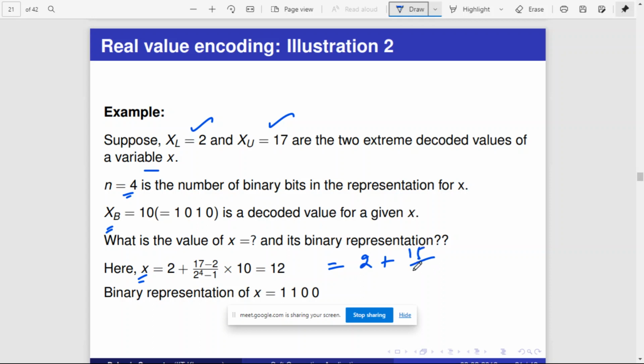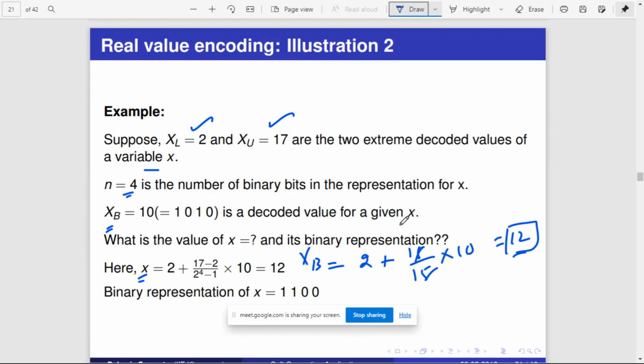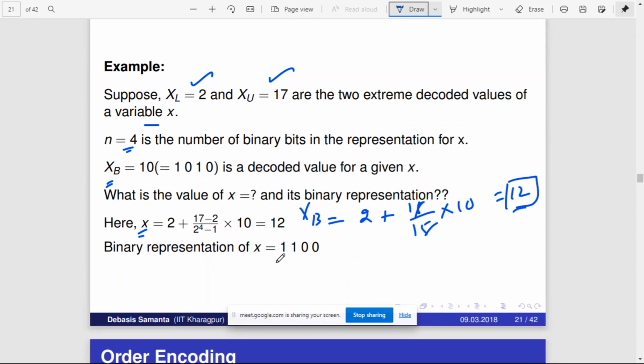So basically it is 15 by 15 into 10, which is 1 into 10, okay, so 12. This is the decoded value in decimal, but again you have to convert it to binary. So this is the binary equivalent, 1100, right? So xb is 10 and the corresponding x is 1100.